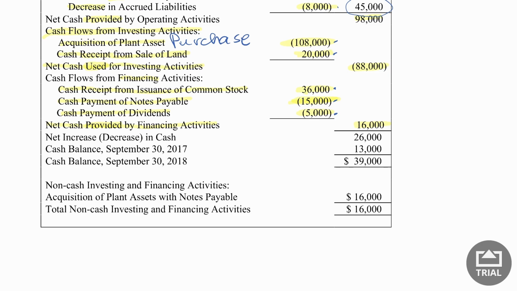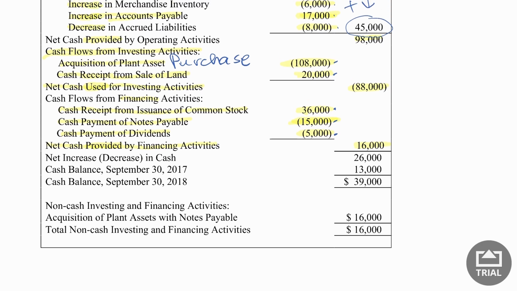Okay, so those are my three sections. Once I've got my subtotals for my three sections, let me change this to red so we can kind of see the difference. So I've got 98,000 cash provided by operating activities. I've got negative 88,000 cash used for investing activities, and positive 16,000 cash provided by financing activities.